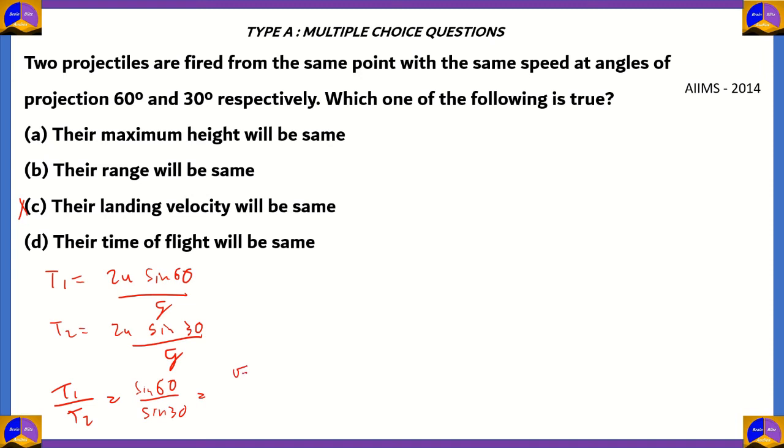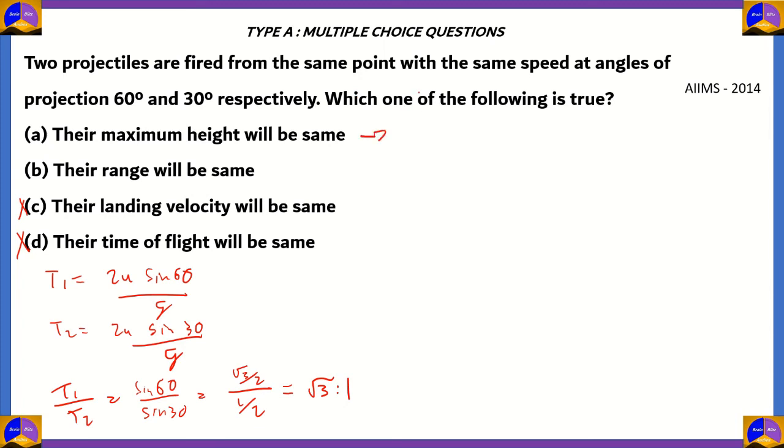That is equal to root 3 by 2 divided by 1 by 2. So therefore, the ratio is root 3 to 1. Now, if the time of flight was the same, then the ratio would be 1:1 because they're equal. Over here, they're not equal. So therefore, the ratio tells you that the time of flight for the two angles is different. So option D is incorrect. What about option A? Maximum height will be the same.